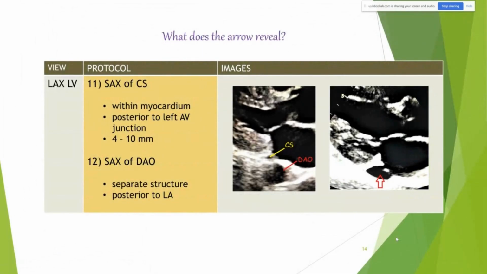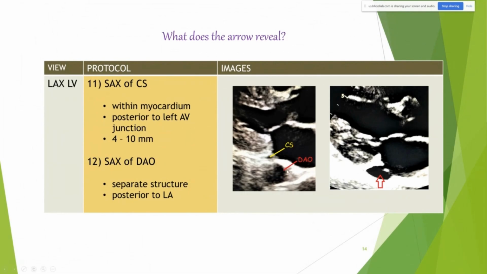All right, so we eventually are going to zoom in on the mitral valve and make sure that it looks good. You're going to see a descending aorta, and you're going to sometimes see your coronary sinus. The coronary sinus is up here. This is your descending aorta. This is your coronary sinus.